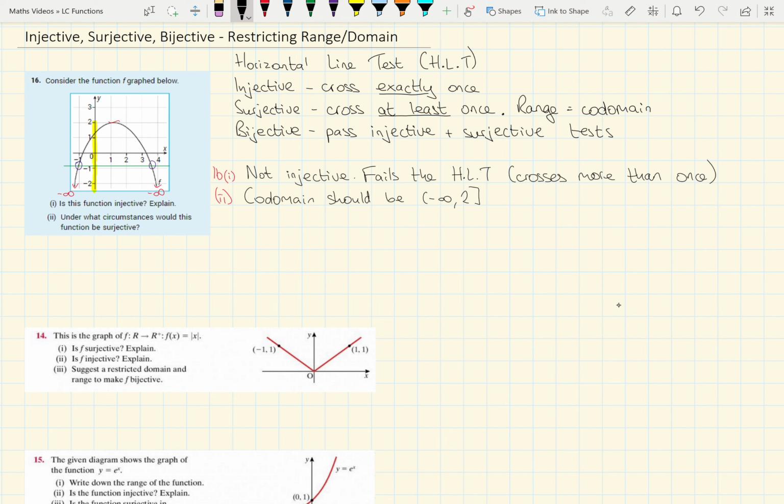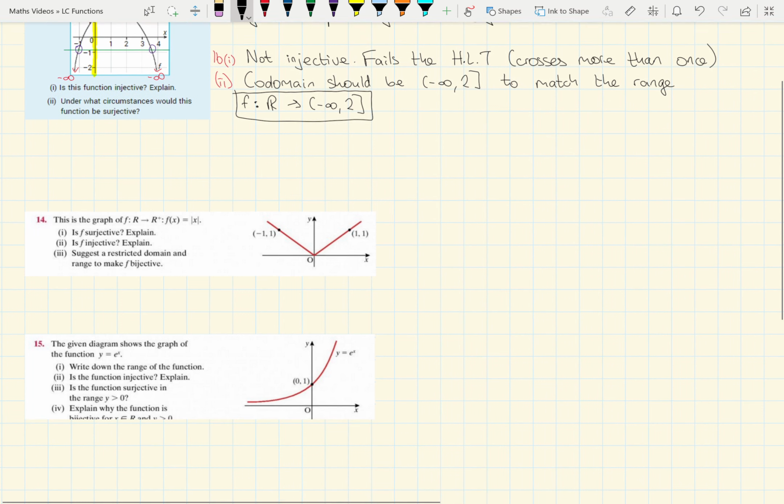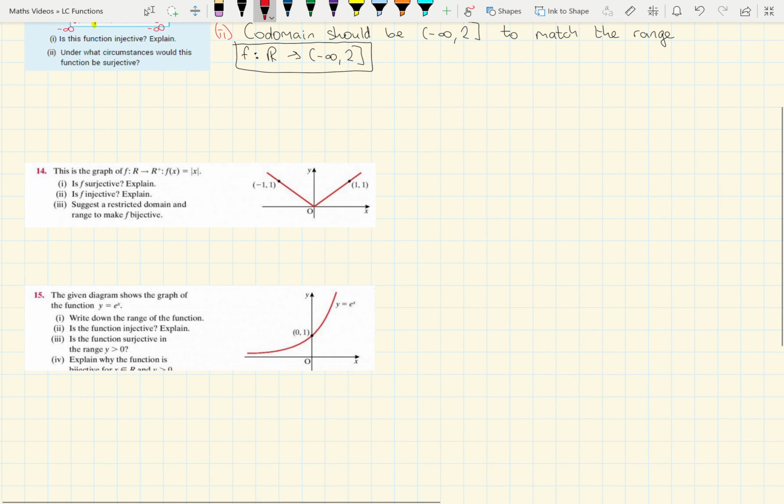So it should be minus infinity to 2 to match the range. And we just need to write that now for our mapping notation. So it'll be f maps the reals to minus infinity, 2. And that's 16 answered.